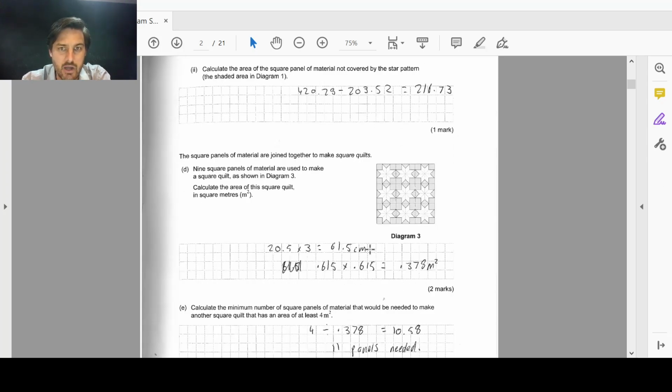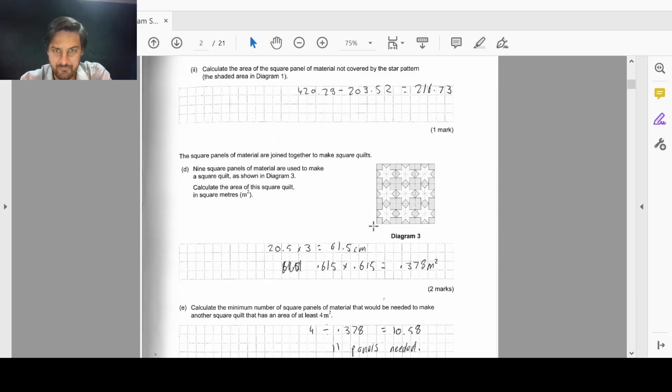No, I didn't in my answer. Calculate the area of this square quilt in square meters. So I mistakenly did 20.5 times 3. I see what I did. I see what I've done. So I didn't do the wrong thing.